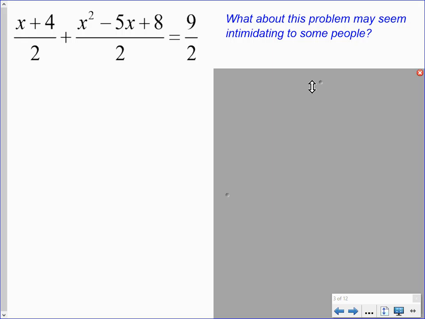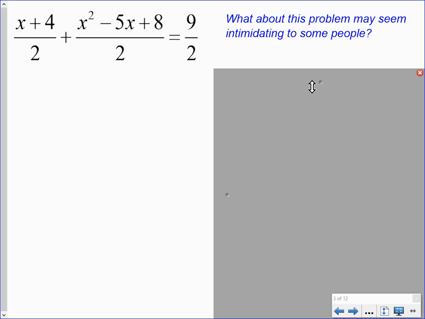Anything else you find intimidating about this problem? Or you think someone else might find intimidating about this problem? A couple other things people in other classes have said is that there's an x squared. Okay, so when we see x squared and x, we know we might have to factor or we might have to use the quadratic formula.